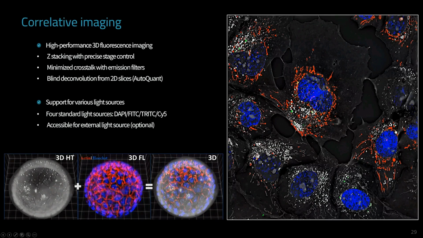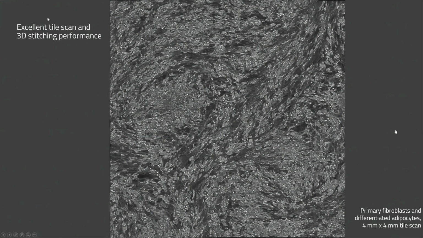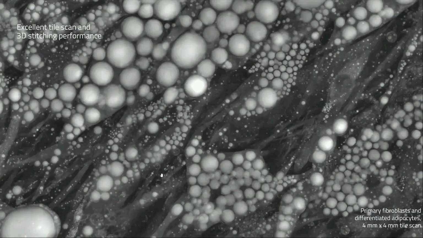And we also have strong tile scan and stitching features, which are all done in our software. This is a 4 millimeter by 4 millimeter 3D tomogram of adipocytes, fully differentiated from primary fibroblasts.